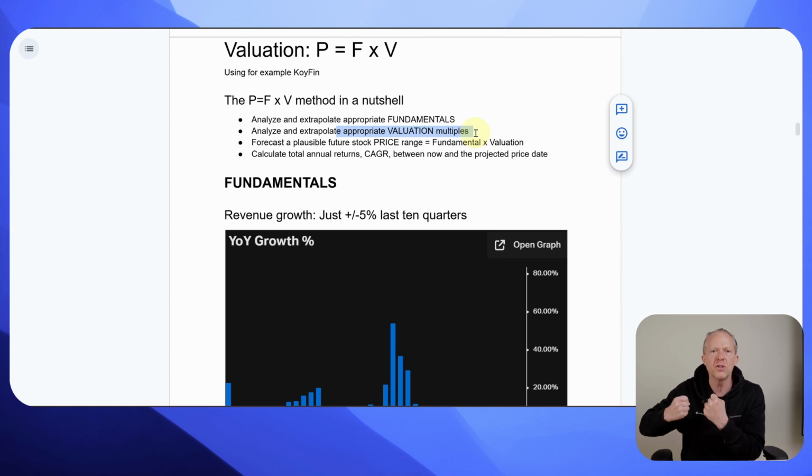For example, you can use a DCF calculator online, and you can input forecast growth rates, profit margins, end state multiples, etc. And what you get out of the DCF calculator is a warranted valuation multiple today, given those sets of assumptions.